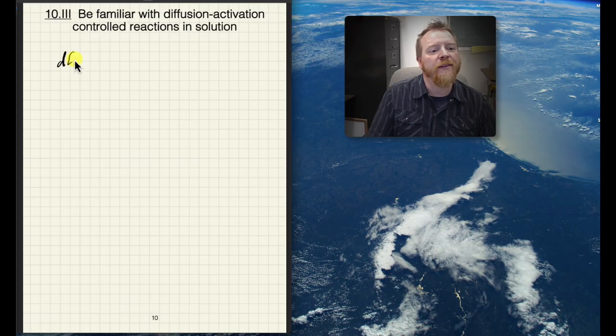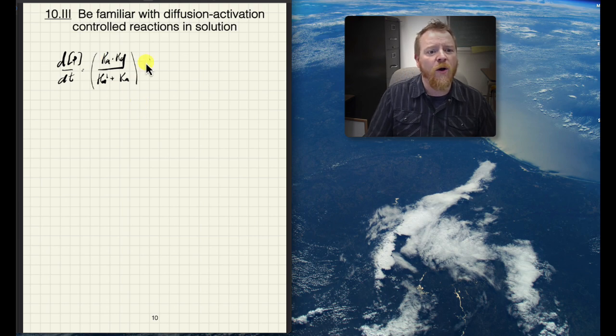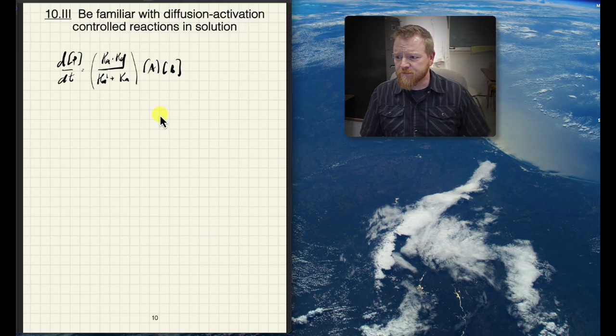So let's rewrite that. dP by dt equals Ka Kd over Kd prime plus Ka, and then that's all times A and all times B.